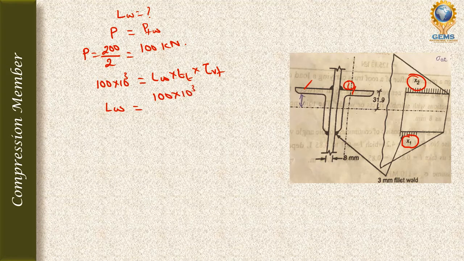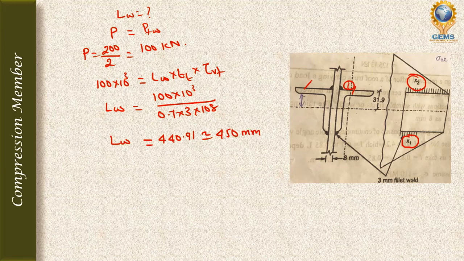So LW is equal to 100 into 10 to the power 3 by 0.7 into 3 into 108. So tau VF we usually assume as 108. So this value will be equal to 440.91. So we approximately say it as 450 mm. So this is our LW.